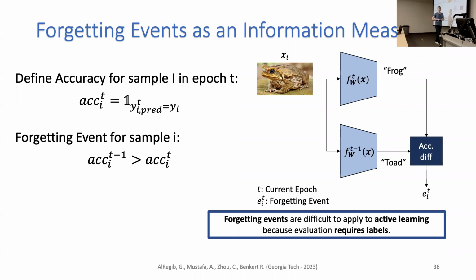And a forgetting event happens if this accuracy value decreases between two different epochs, so if it flips from 1 to 0. And if I sum this up over all of the epochs, that will give me a number for each sample, which I can envision as a measure of informativeness. If I were able to measure this with forgetting events, which I can't, because we're going to be talking about switch events in a moment. But that's the formalization.